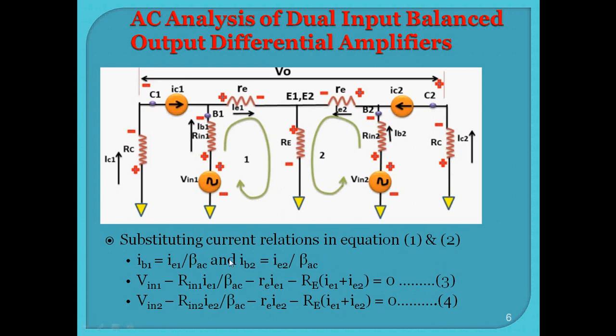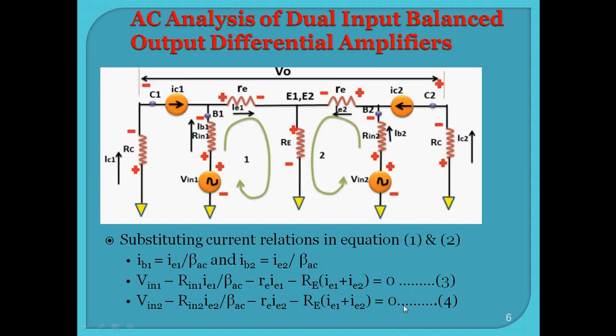When we substitute this relation into the first and second equations, we get the equation like this: Vin1 minus Rin1, in place of IB1 it is IE1 by beta AC, minus re into IE1, minus capital RE into (IE1 plus IE2) is equal to 0. All terms remain the same, only this IB term gets changed here. So for the second equation, Vin2 minus Rin2 into IE2 by beta AC minus re IE2 minus capital RE into (IE1 plus IE2) is equal to 0.